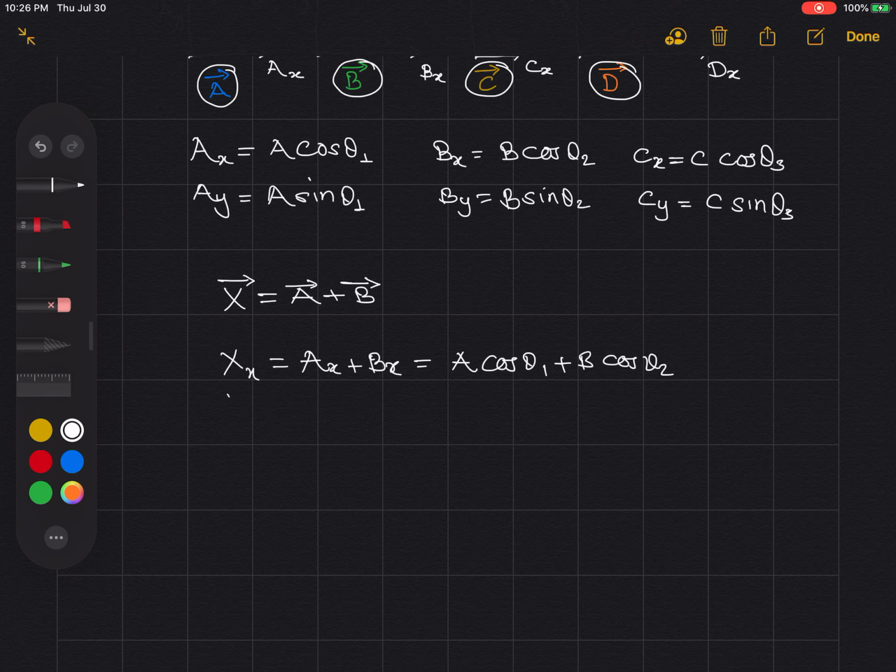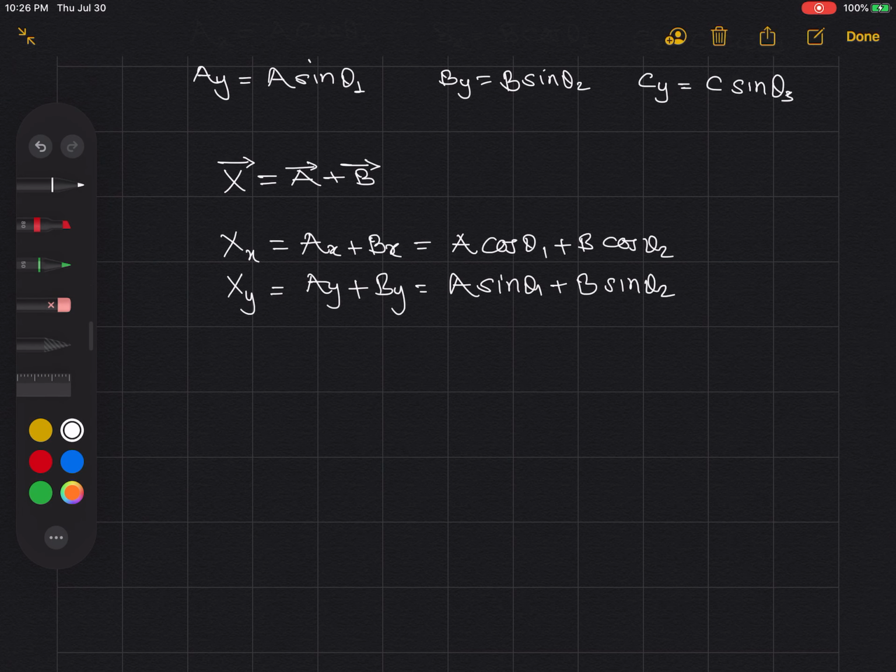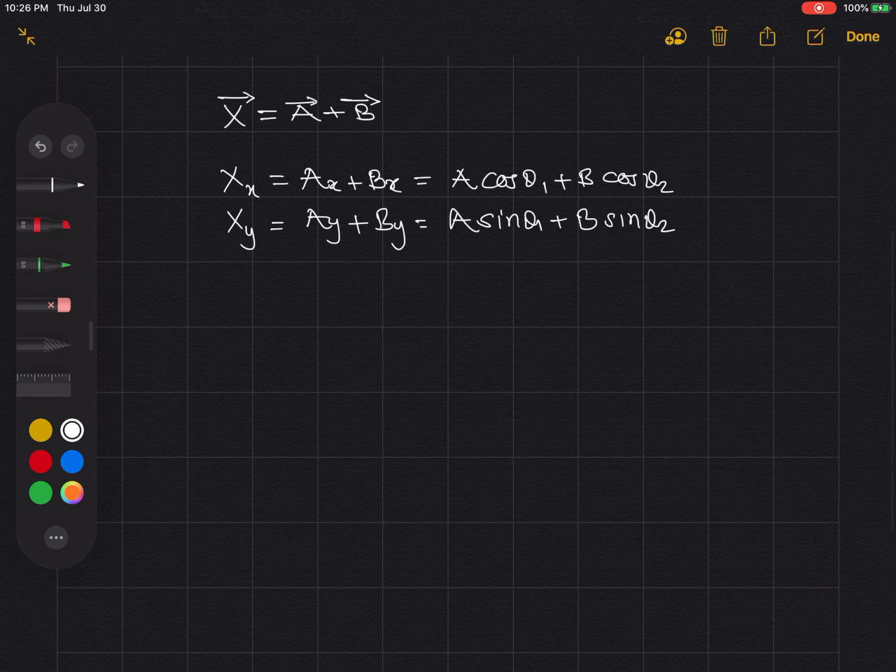And similarly, the y component of vector x is the y component of a and the y component of b, and this gives me a sine theta 1 plus b sine theta 2. So I added the first 2 vectors a and b first, then I will add c, and then I will add d.